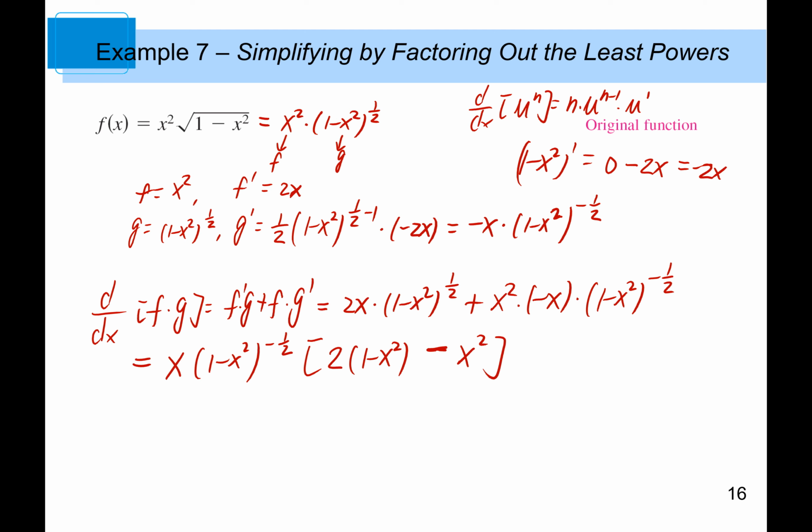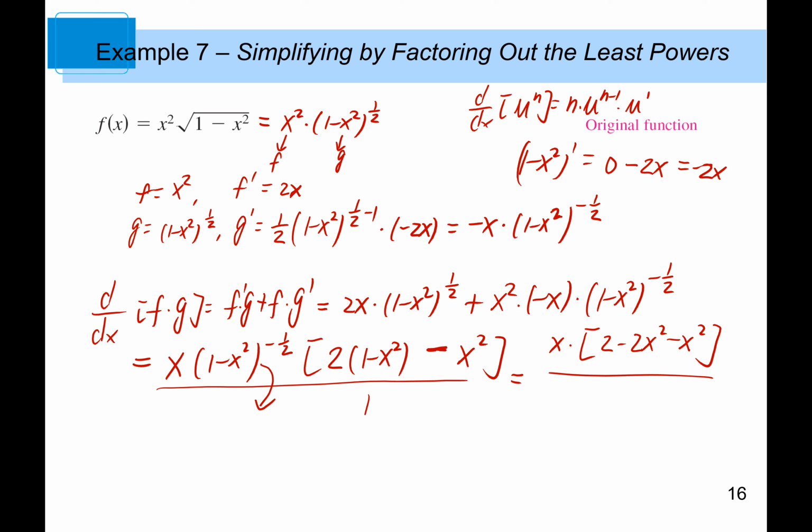Then you make it a fraction and flip the negative exponent to the denominator, so we get x times 2 minus 2x squared minus x squared, over 1 minus x squared to the half.